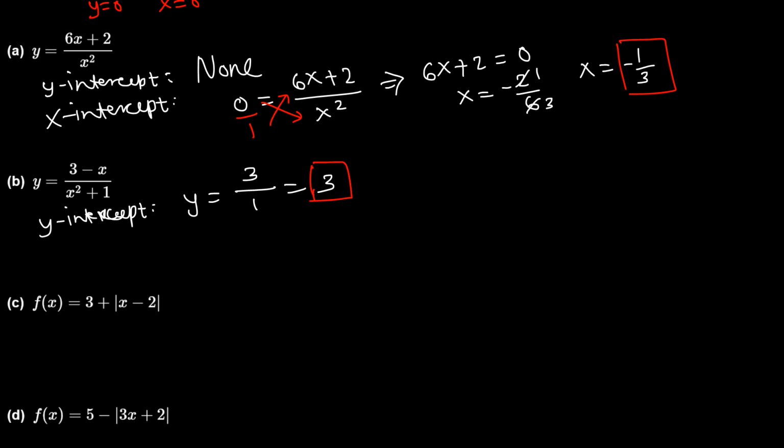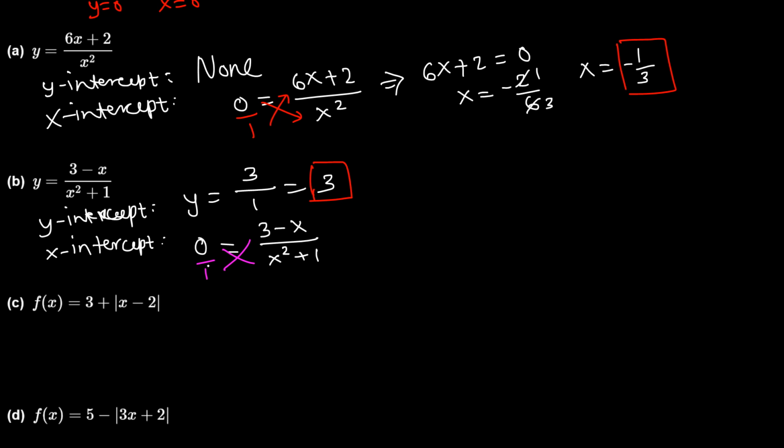Okay, let's find the x-intercept. We set y equals 0, so 0 equals (3 minus x) over (x squared plus 1). Now we need to solve this equation. We have a fraction on the right-hand side, so let's make 0 as 0 over 1 and cross multiply like in the previous question.